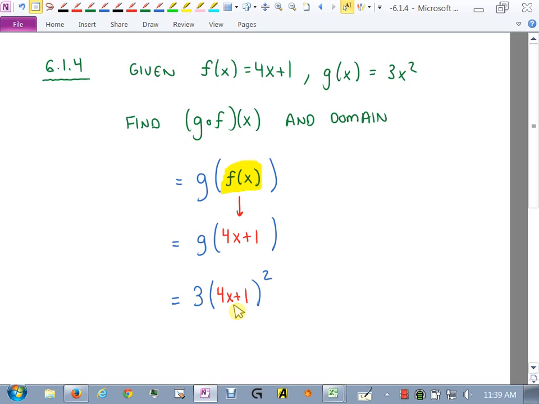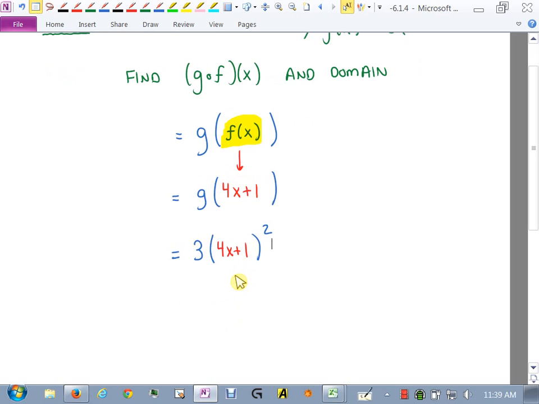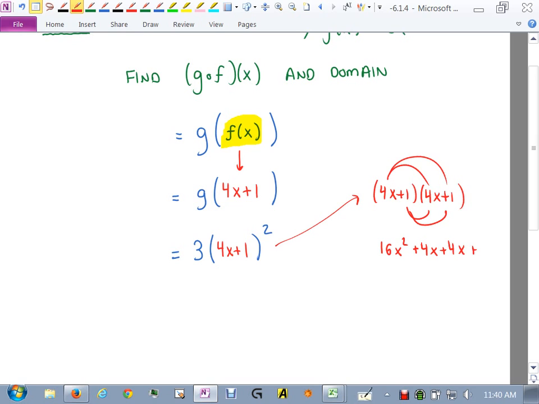You'll see it? Now you have to clean this up, which means you have to boil it out. You have to multiply this out first, which means you have to do 4x plus 1 times 4x plus 1, and then do this thing. So you have to do the expanding of this first, and then you get this.